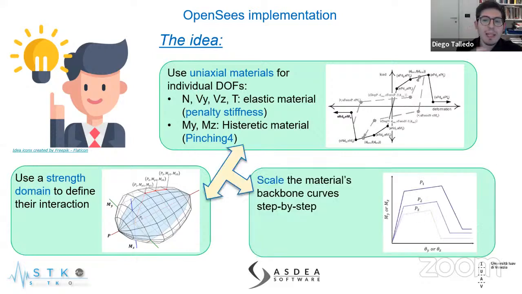And the idea is combining these two pieces of information in order to scale the material's backbone, of course, for the bending degrees of freedom, as you can see in this picture here, very schematically, of course, for every step of the analysis. So this is basically the idea.